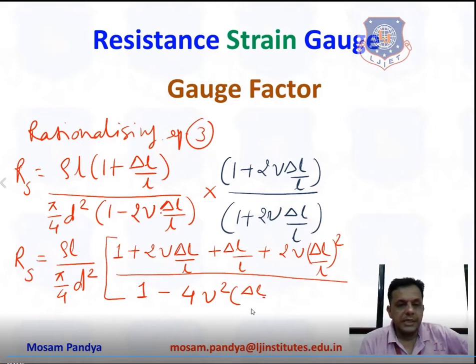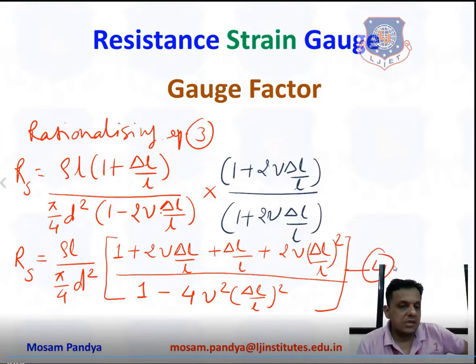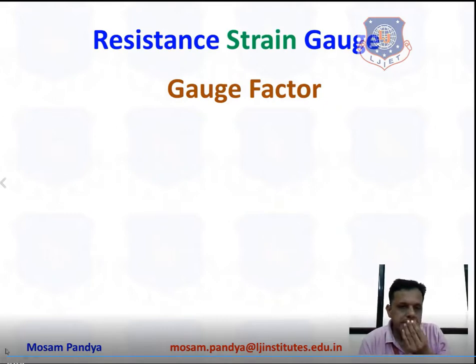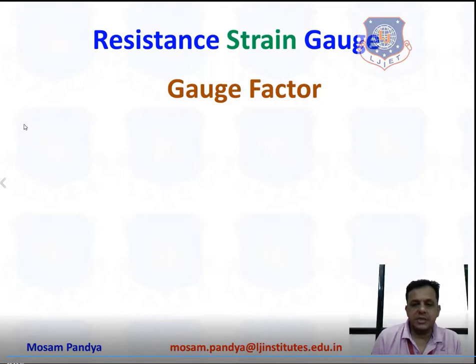By multiplying the denominator bracket, it will give you a square minus b square kind of equation, and here we see. Now once again we are dealing with, in this equation number 4, very small quantities that can be neglected. So let us rewrite the equations.